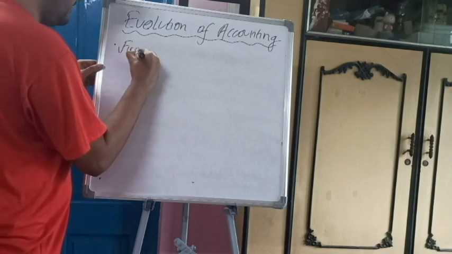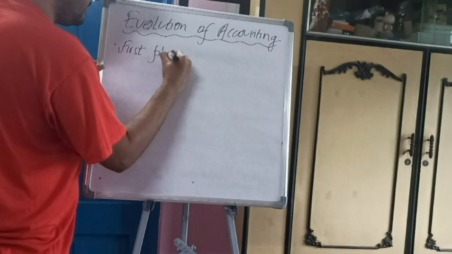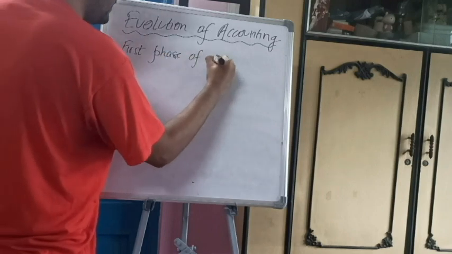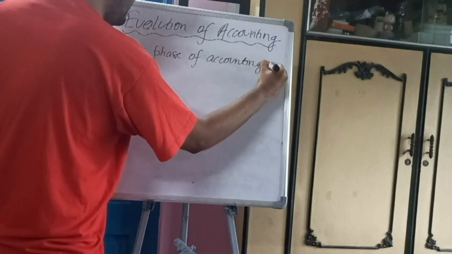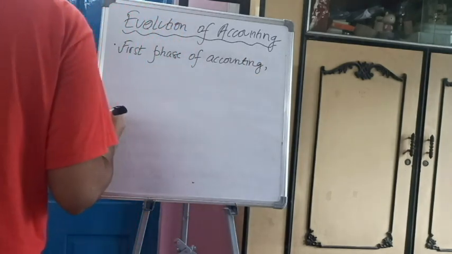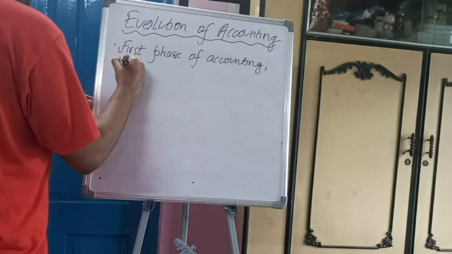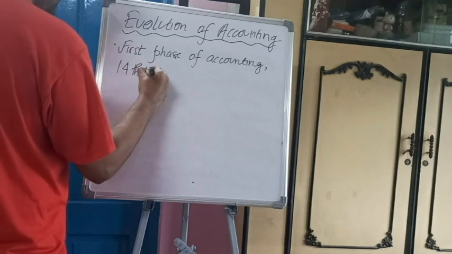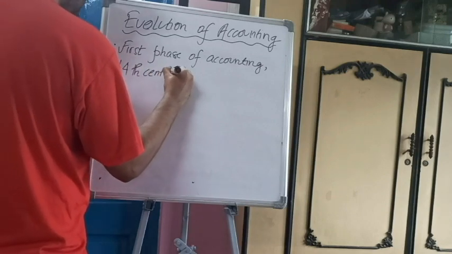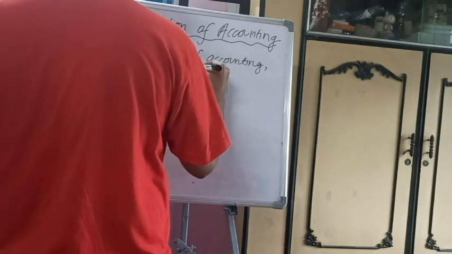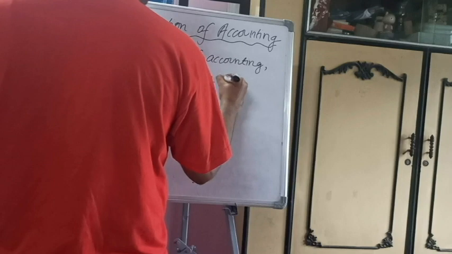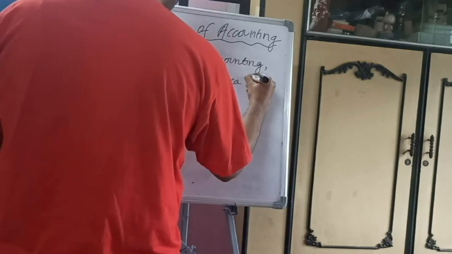First phase of accounting. In the 14th century it happened. Who was the pioneer? The pioneer was a person named Fra Luca Pacioli.